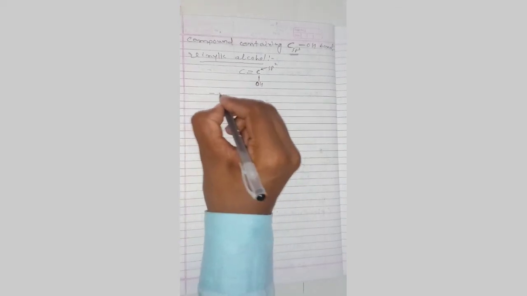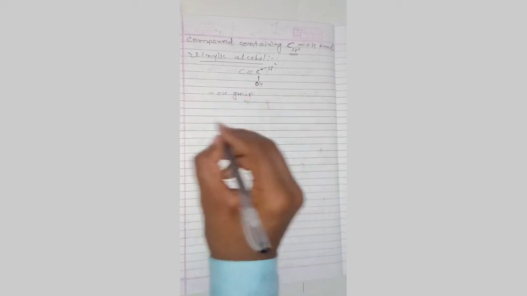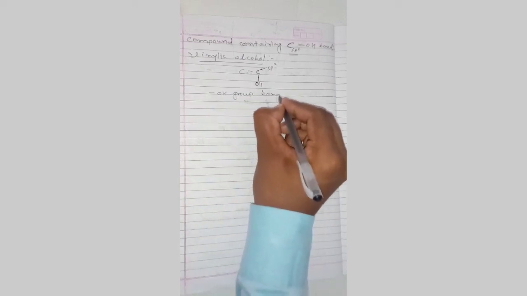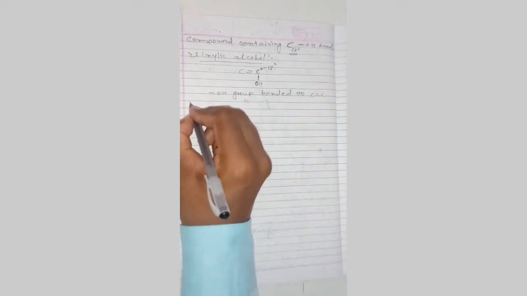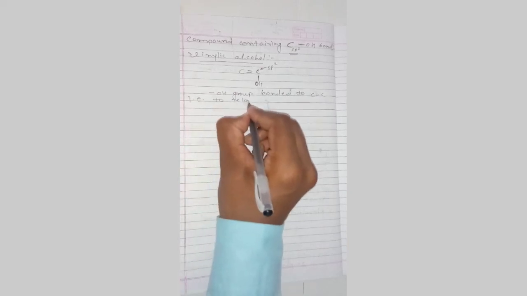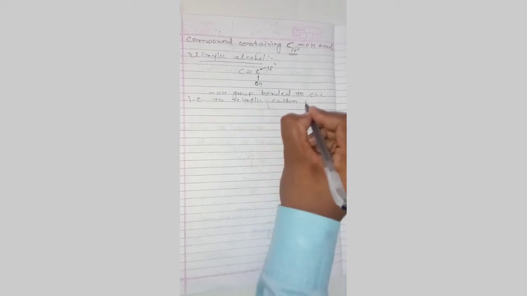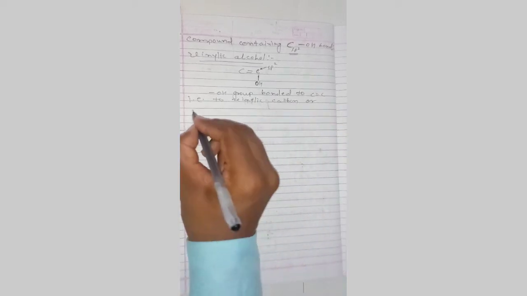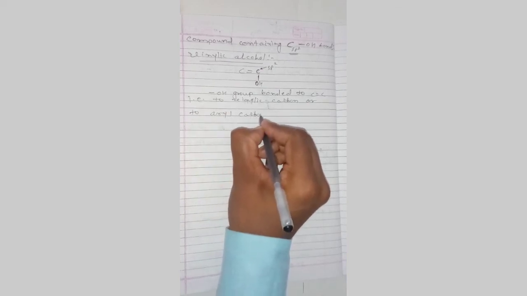So the hydroxyl group is bonded to the carbon-carbon double bond, that is to a vinylic carbon or to an aryl carbon.